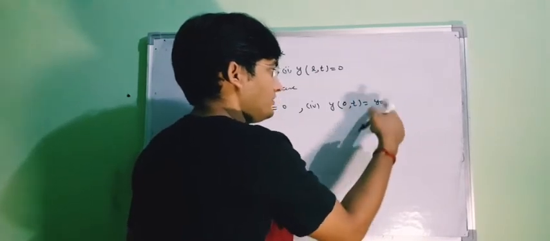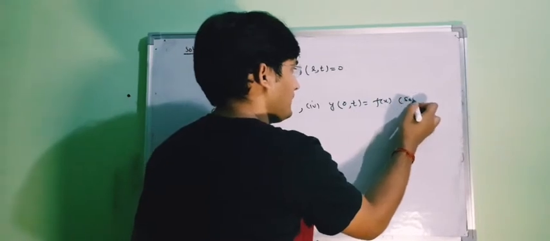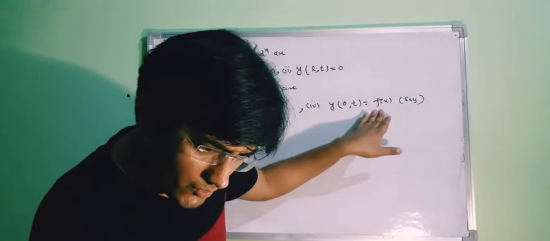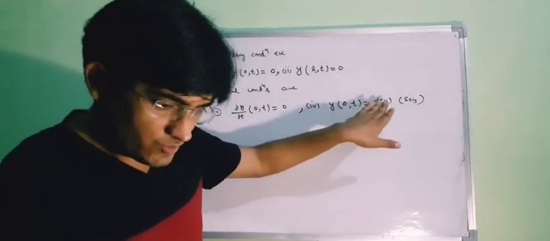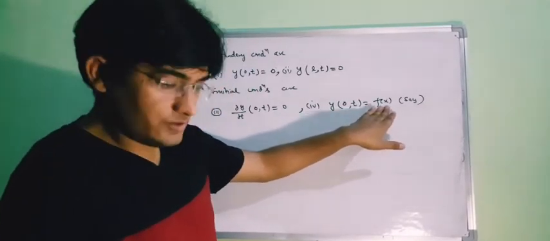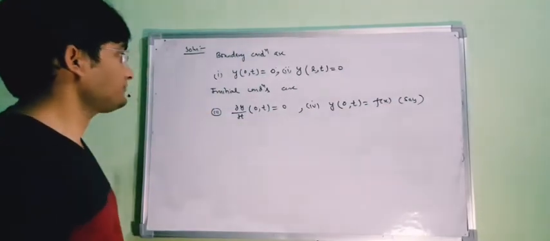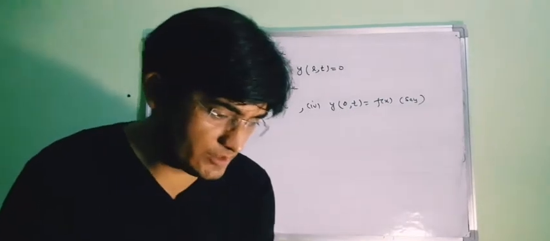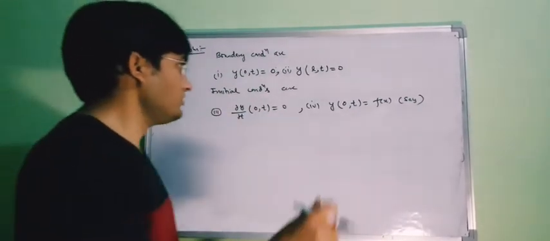For the first part, f(x) is y naught sin cube pi x upon L, and for the second part f(x) is kx into (L minus x). So here I am assuming this initial displacement as y(x,t). Sorry, this will be your initial displacement.